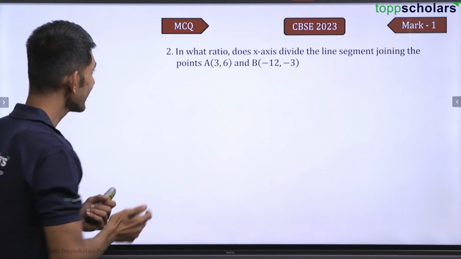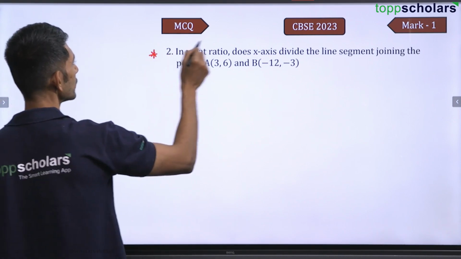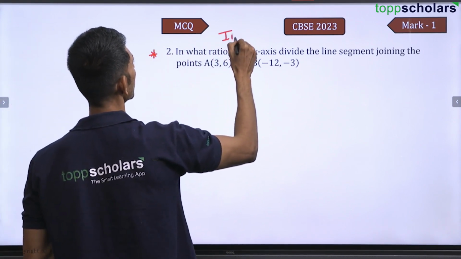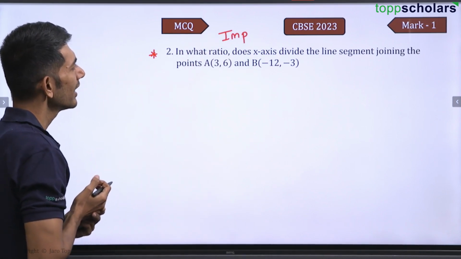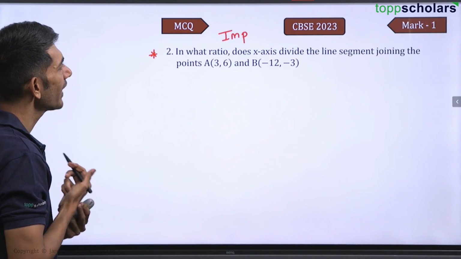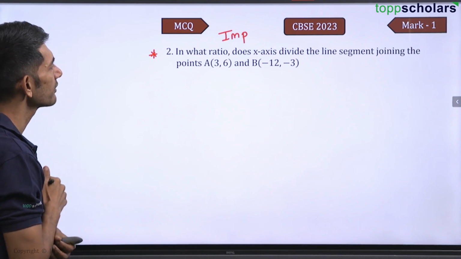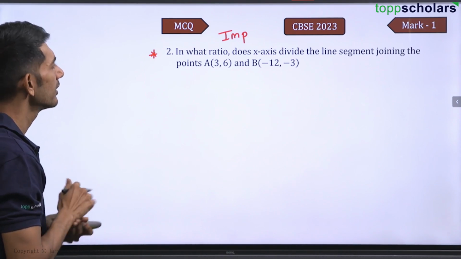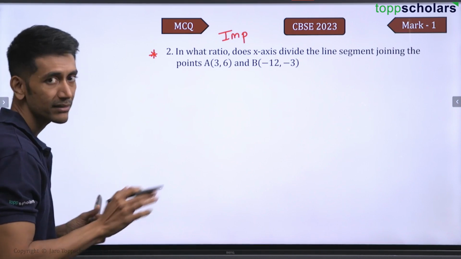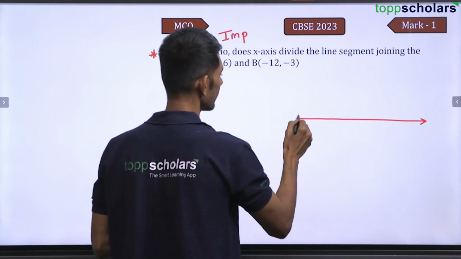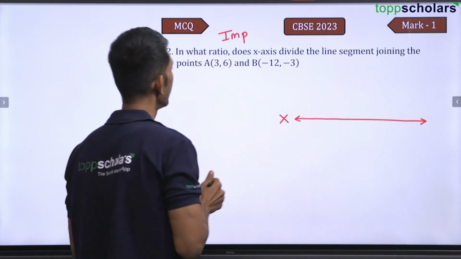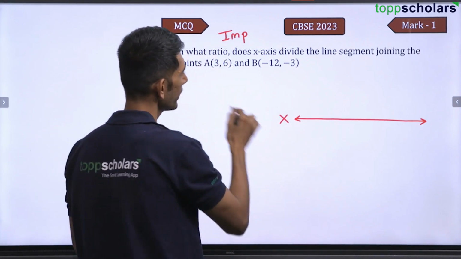Okay, now this is an interesting question. Please mark this question as very, very important. It says, in what ratio does the x-axis divide the line segment joining the points A (3, 6) and B (minus 12, minus 3). Now understand, if you just try to visualize, this is the x-axis and we have 2 points.